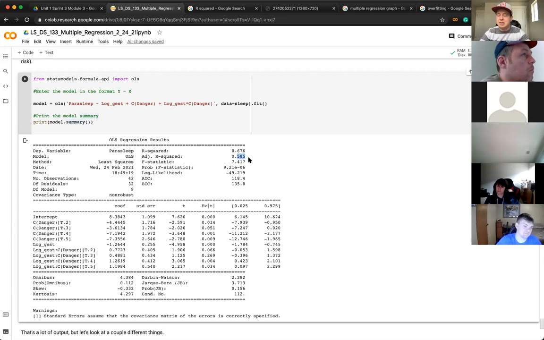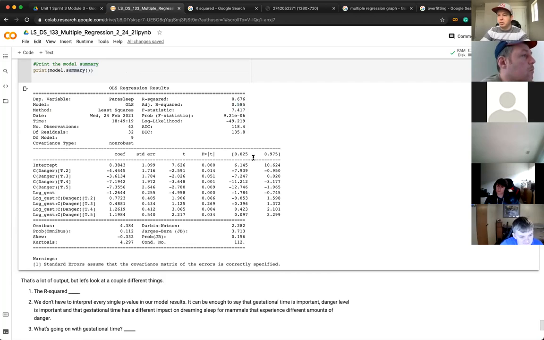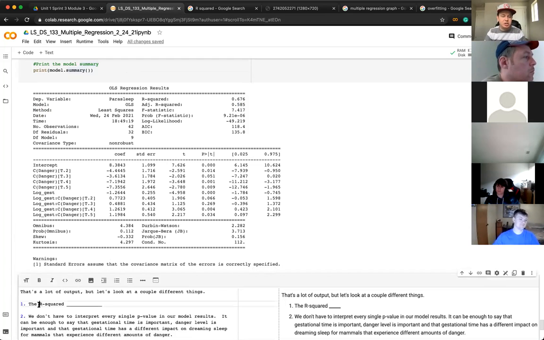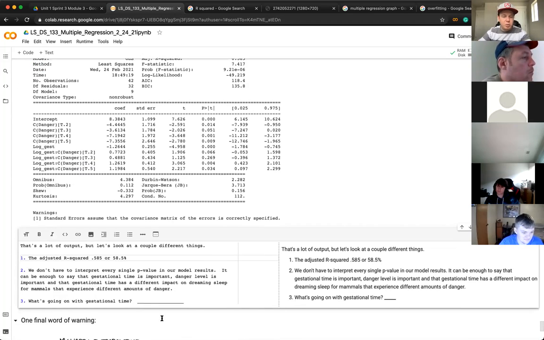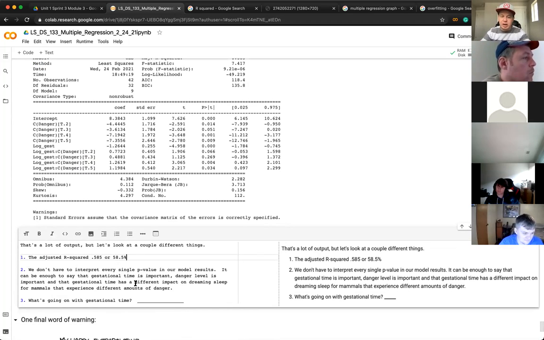All right. But this is still an improvement. All right. The predictive ability of the model has improved, right? So our adjusted R squared is 0.585 or 58.5%. Right? We don't have to interpret every single p-value in our model results. It can be enough to say that gestational time is important, danger level is important, and that gestational time has a different impact on dreaming sleep for mammals that experience different amounts of danger.